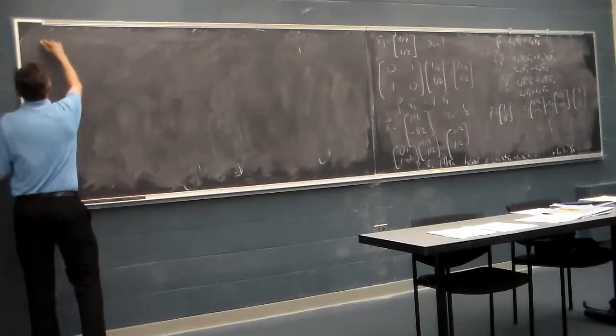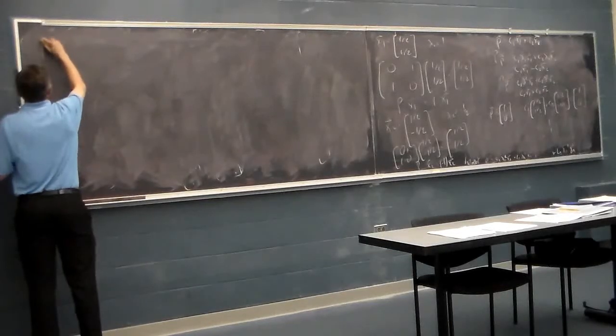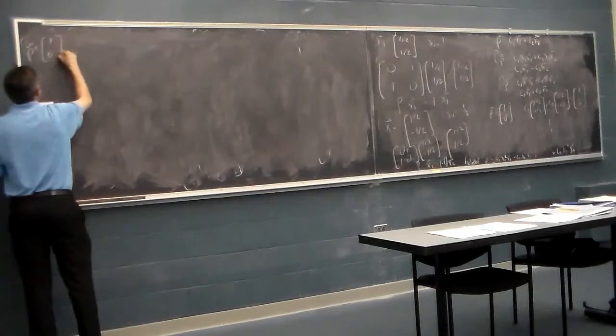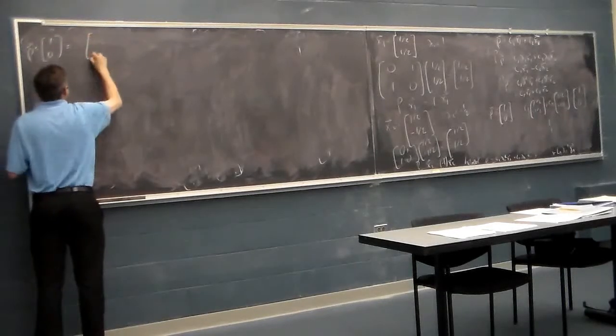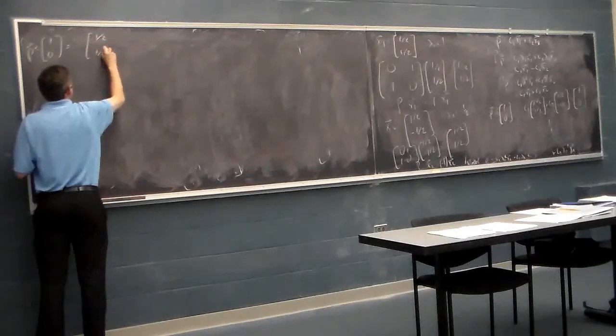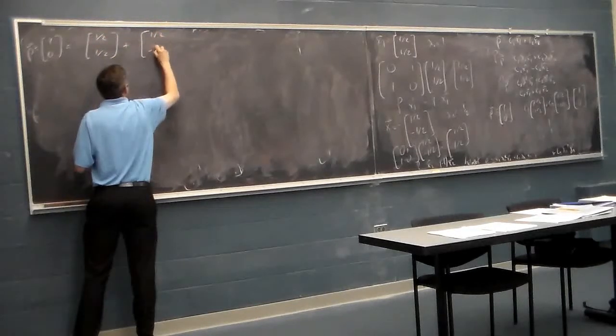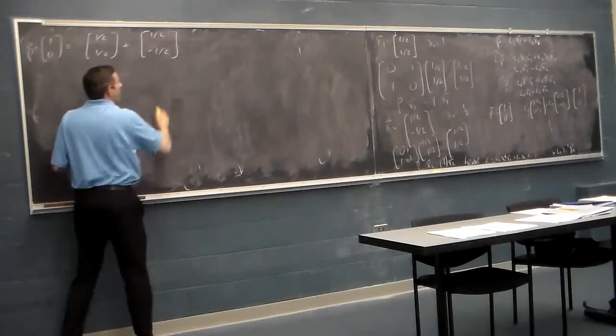Okay, so we've said that p, which equals 1, 0, is going to be 1 half, 1 half plus 1 half, minus 1 half.